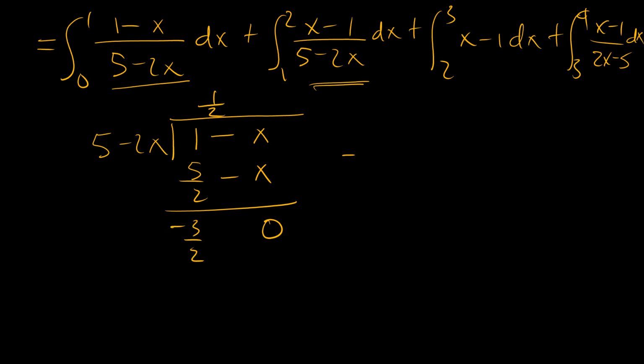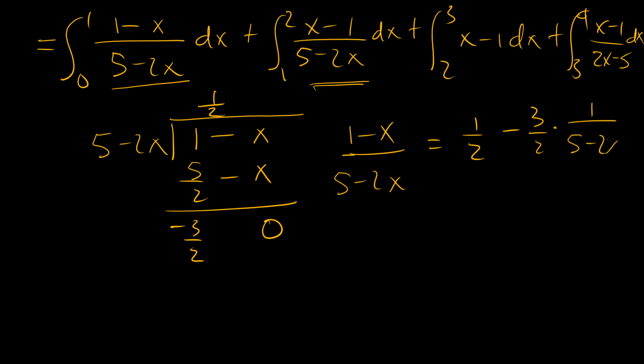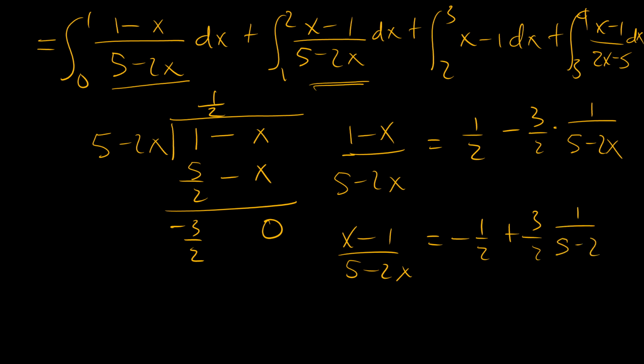So this expression 1 minus x over 5 minus 2x equals a half minus 3 over 2 times 1 over 5 minus 2x, and x minus 1 over 5 minus 2x equals negative a half plus 3 over 2, 1 over 5 minus 2x.